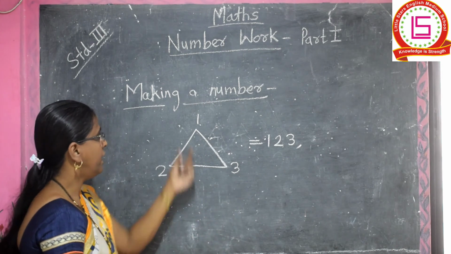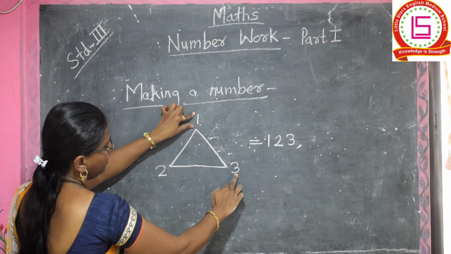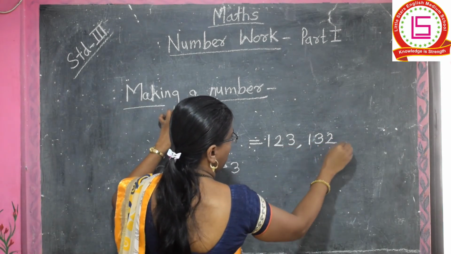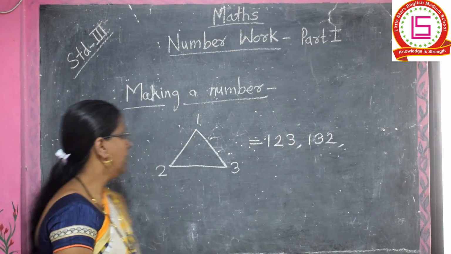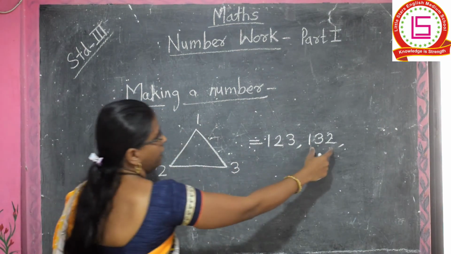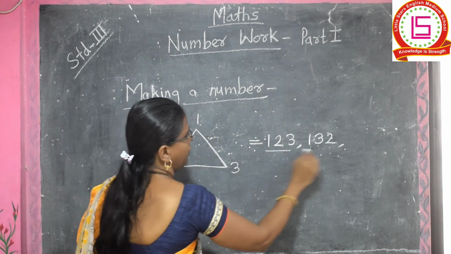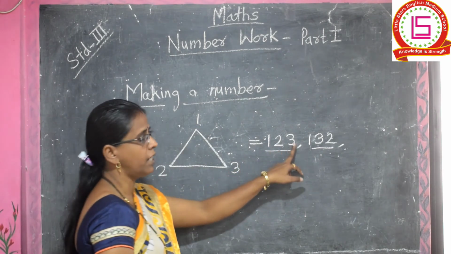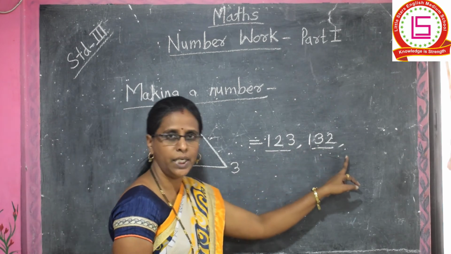Then the next number, we start from 1, 3, 2. 132 is the next number. In the first number we take 2 after 1, and in the second number we take 3 after 1. Then different numbers are formed. 1, 2, 3 means 123, and then 1, 3, 2, 132.